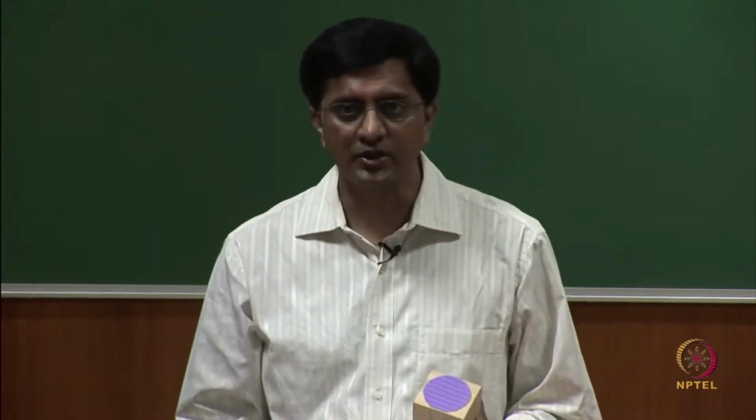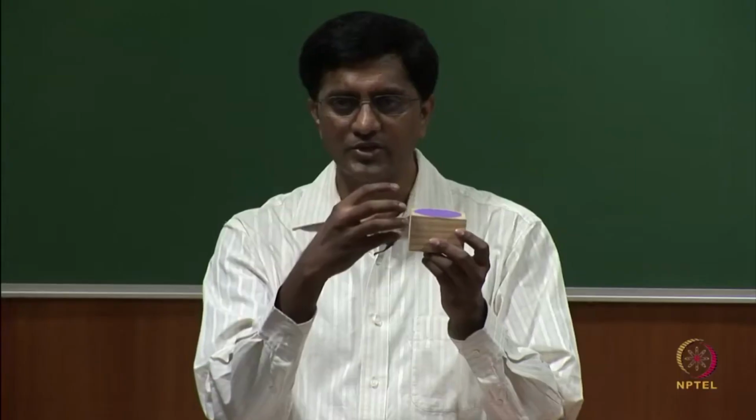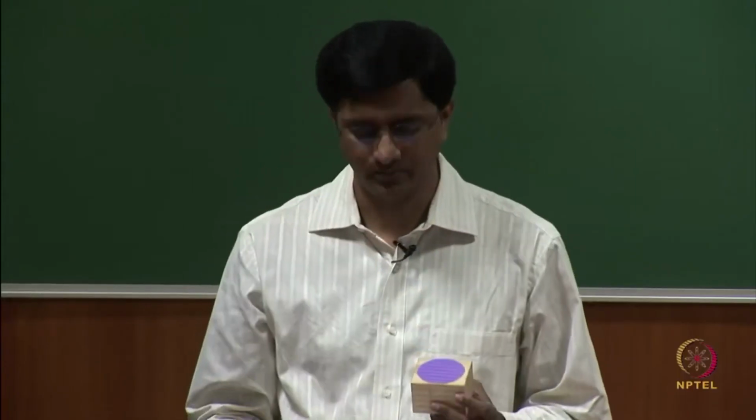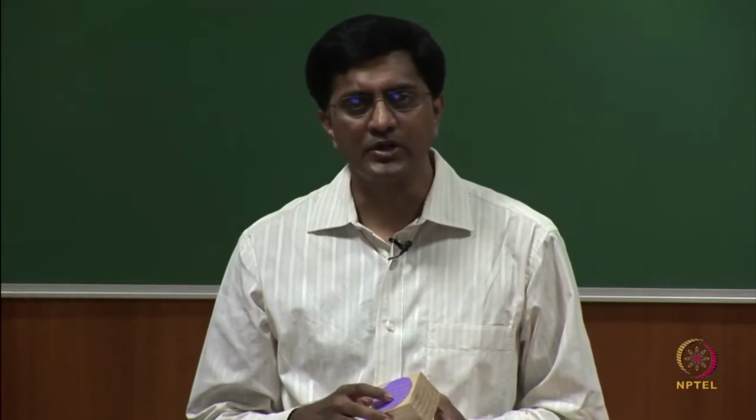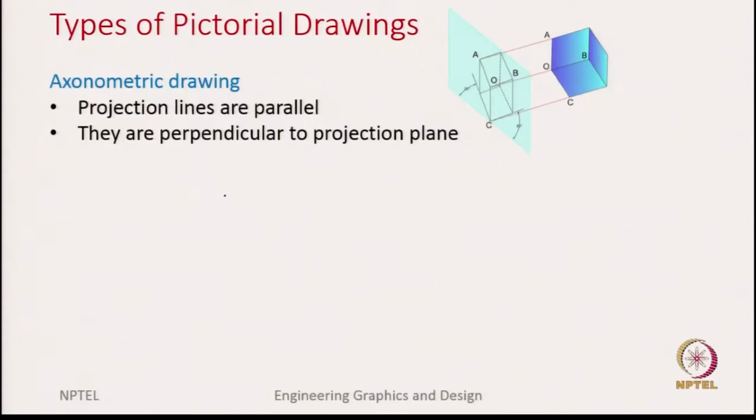We are more focused on the pictorial drawings, which capture the 3 faces of the object in one single view. Now we will discuss different types of pictorial drawings. The first category is the axonometric drawings, where the projection lines are parallel.